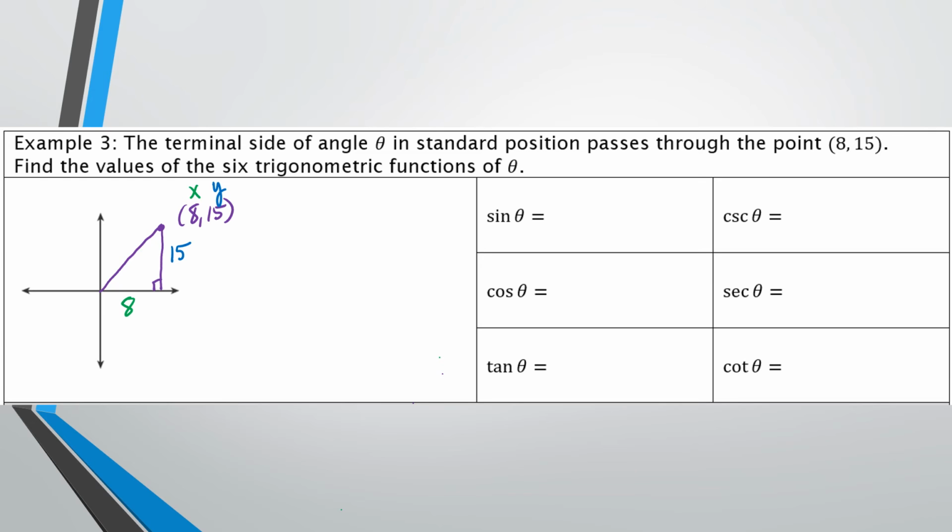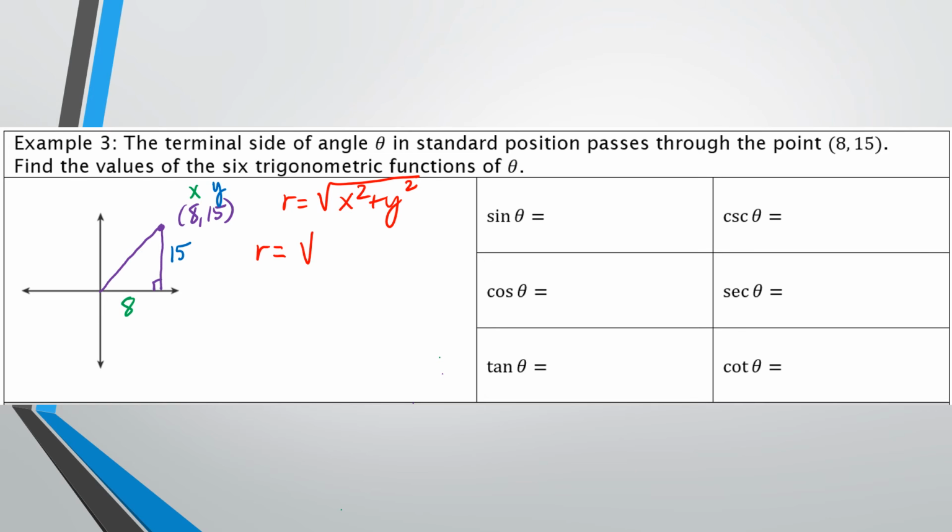I don't know what the hypotenuse length is. So this is where the Pythagorean theorem comes in. We took the Pythagorean theorem and solved it for r, which looked like this. So I'm going to use that formula to figure out what r equals.